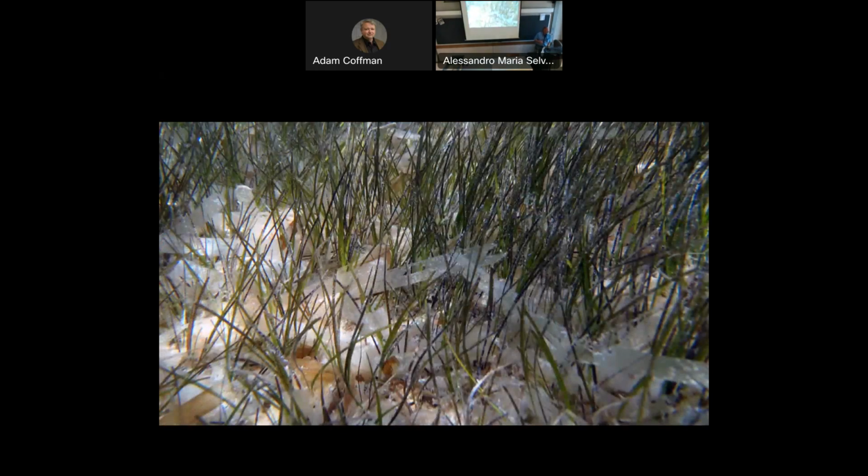So this is a seagrass bed, for example, and all the little things that make mineralized skeletons that live in and on and around and under the seagrass are going to leave their little skeletons or shells in that sediment.